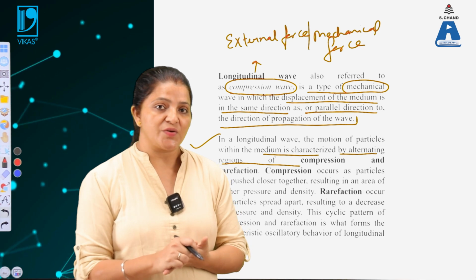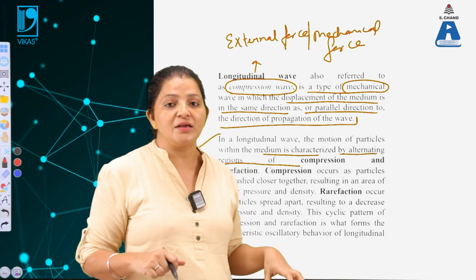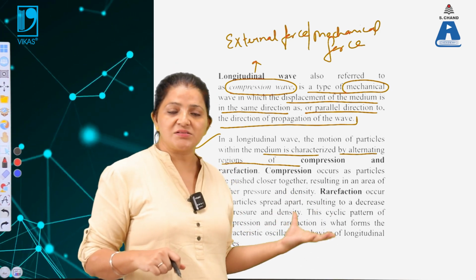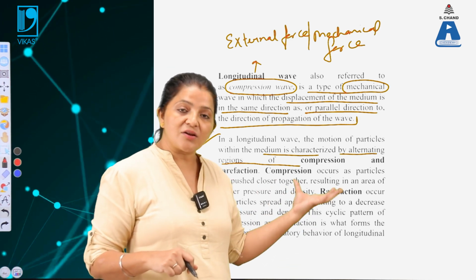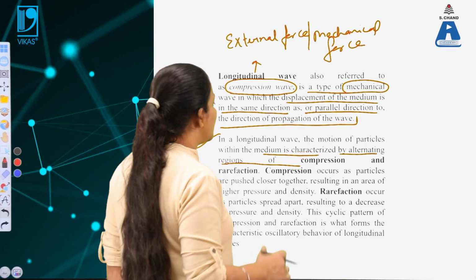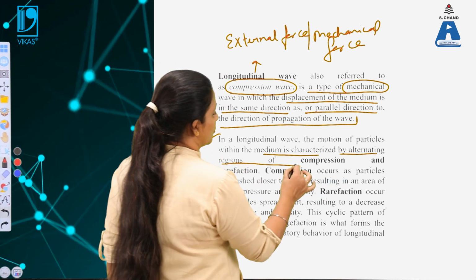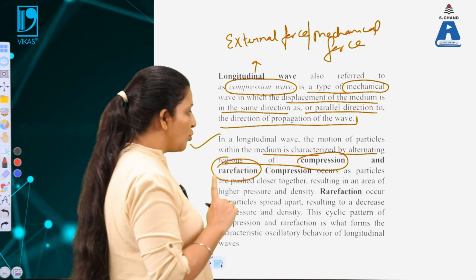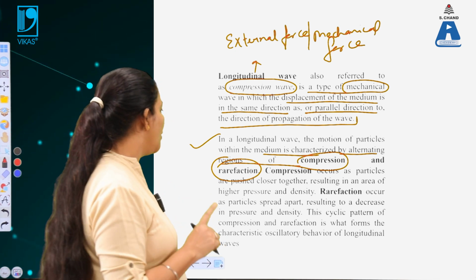Similarly, for the longitudinal wave, how can we characterize it? We know the important factor is compression and rarefaction of the spring. So these can be characterized by alternating regions of compression and rarefaction. These are the two important factors to characterize the longitudinal wave.